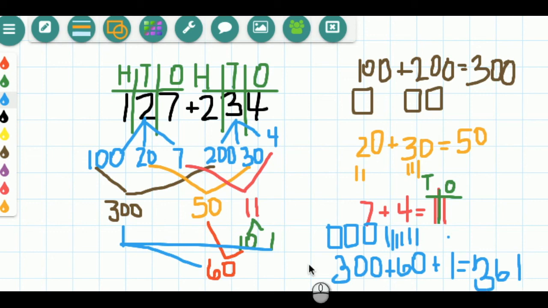And that is how you decompose with addition when you are working with numbers in the hundreds place. I hope this helped and you can practice on your own now. We'll just write our final thing. You never want to forget to write your complete equation and balance that. 361.